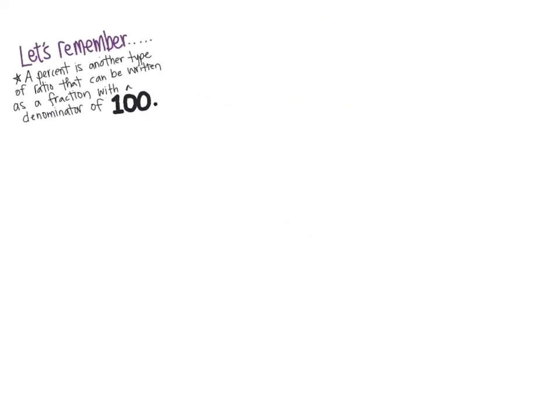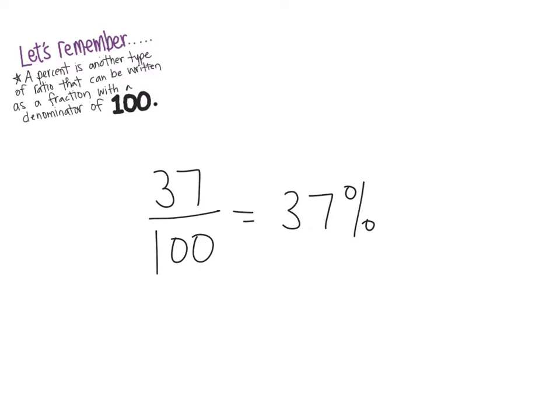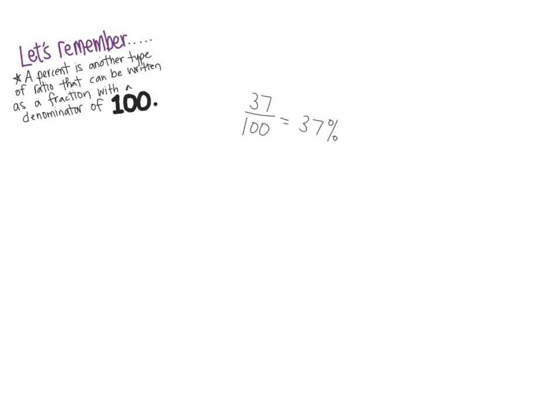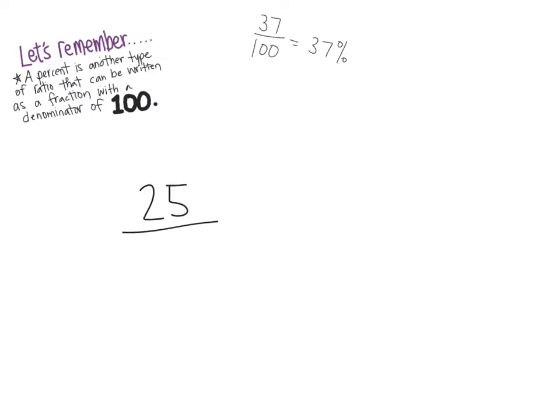So remember the example we looked at yesterday. The first example we saw was 37 over 100, and that gave us 37%. We could do another example and say 25 over 100 equals 25%.